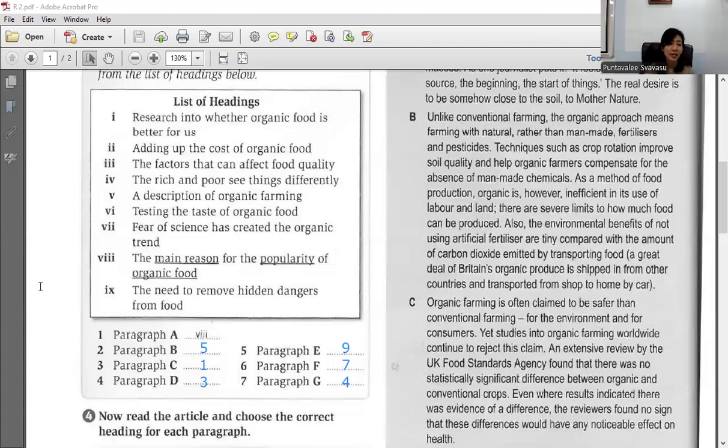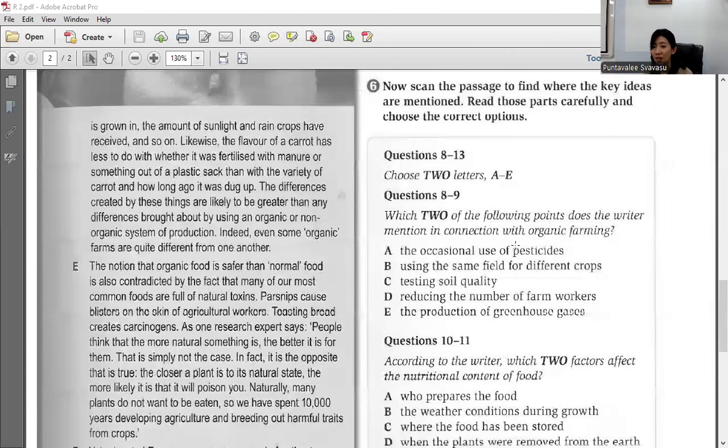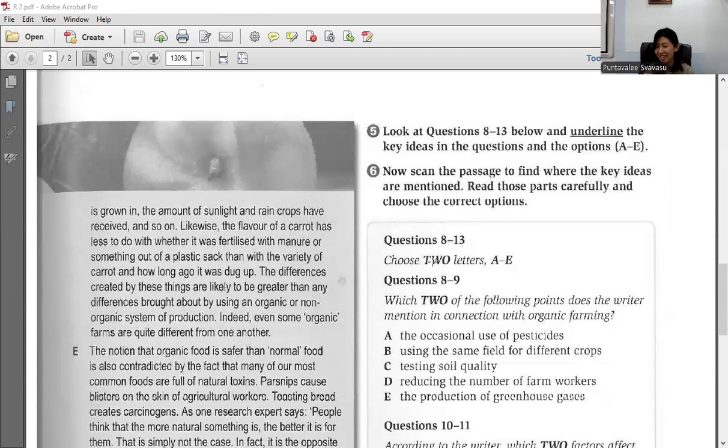Okay, so then let's move on to the next task, which is this one, multiple choice question. When it comes to multiple choice questions, one thing you should be aware of is to see the instruction clearly, because they say choose 2. Okay, for 8 and 9.